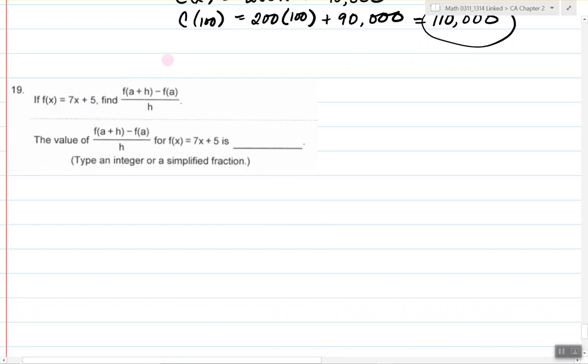This weird looking expression is called the difference quotient. They call it that because there is a difference, subtraction, and there is a quotient.